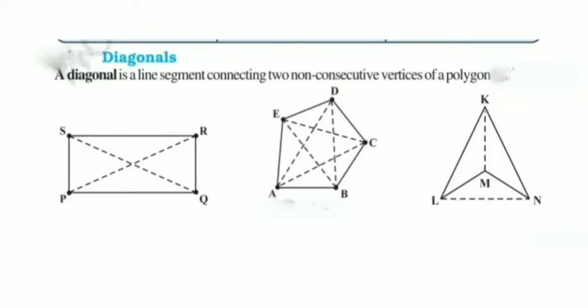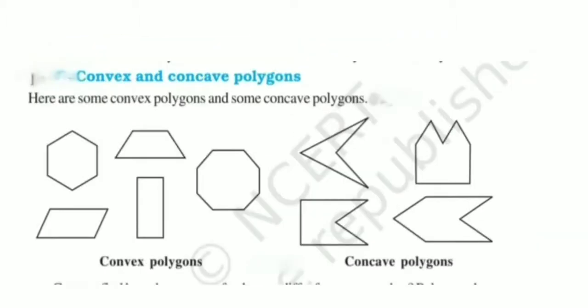Next is diagonals. A diagonal is a line segment connecting two non-consecutive vertices of a polygon. Next is convex and concave polygons. So polygons that are convex have no portions of their diagonals in their exteriors, or any line segment joining any two different points in the interior of the polygon.